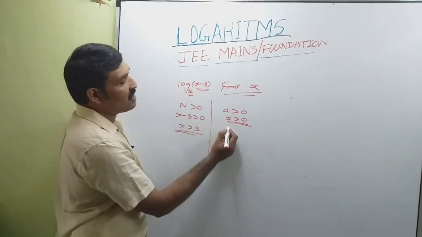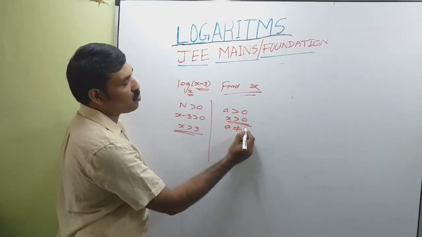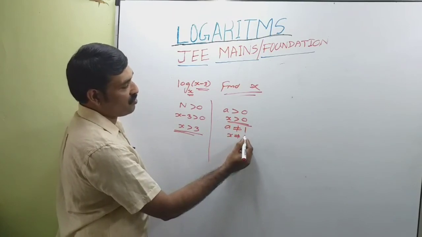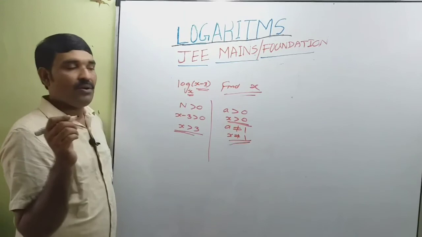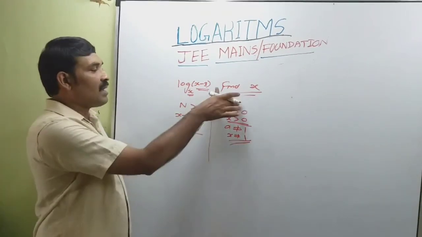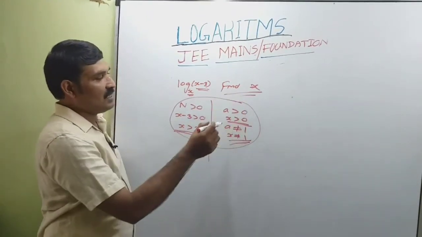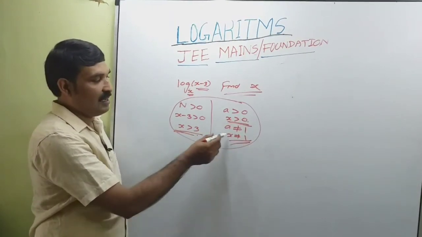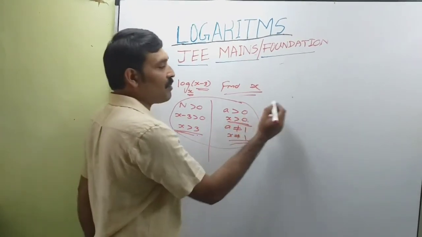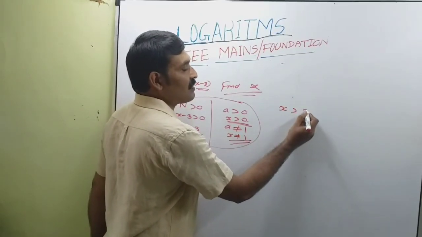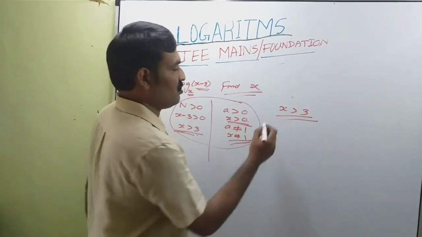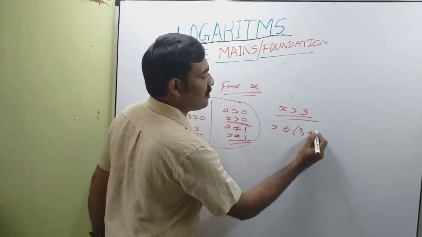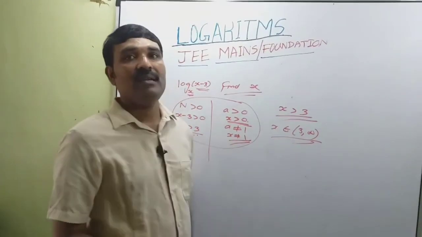The third condition is base not equal to 1, that means x not equal to 1. Now, comparing these three conditions, x greater than 0, x greater than 3, and x not equal to 1, the solution is x greater than 3. So x belongs to the open interval 3 to infinity.